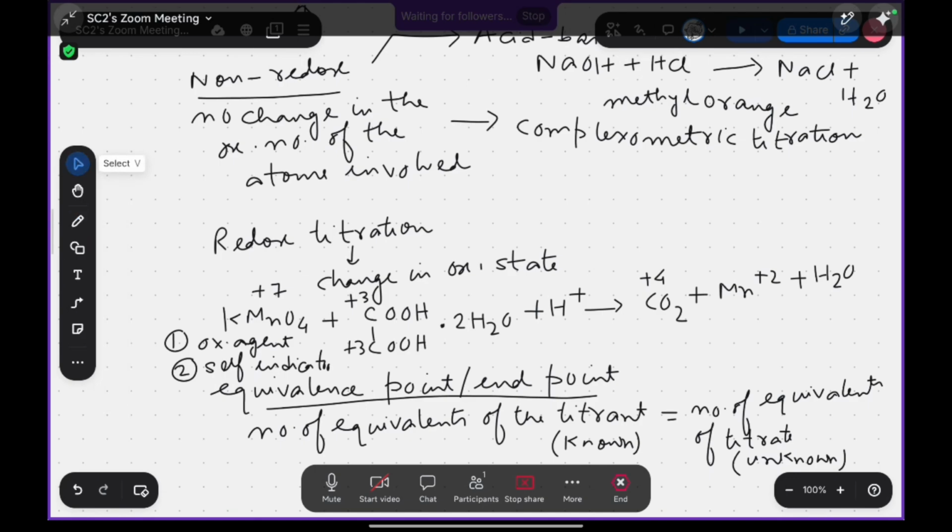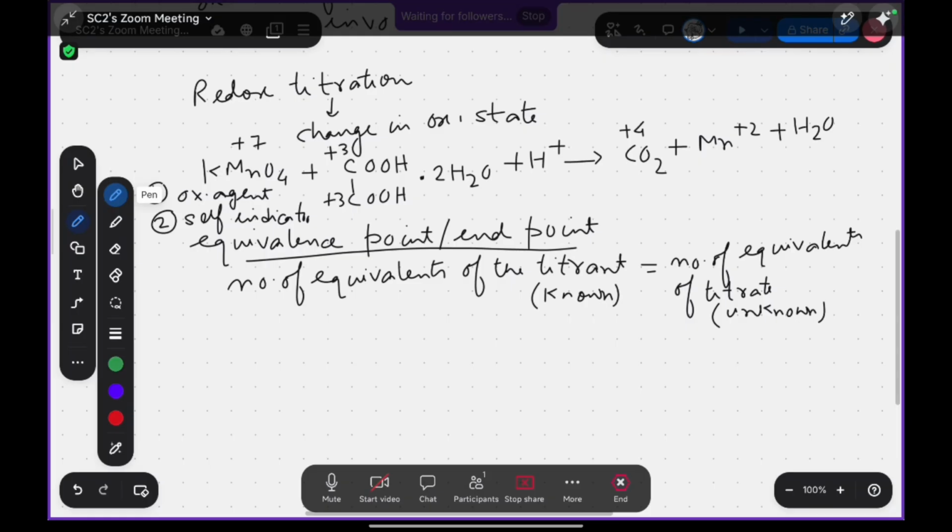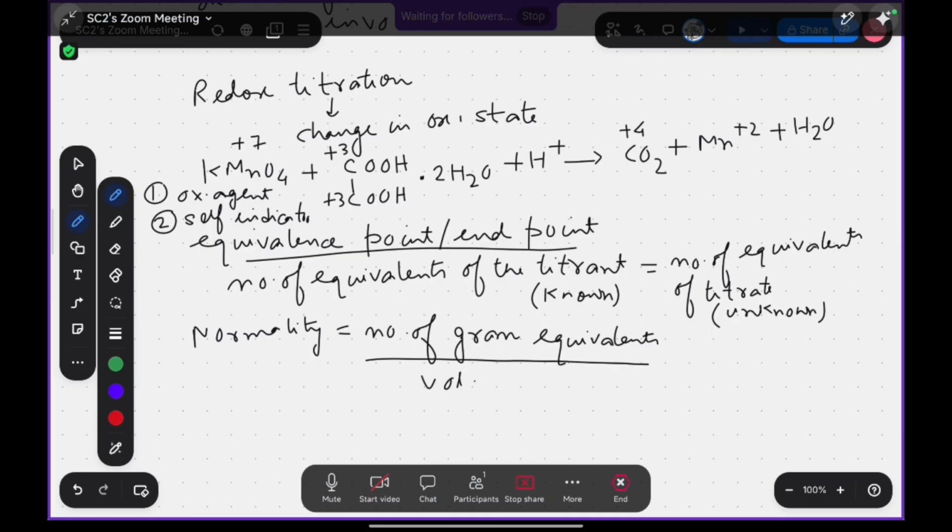Now you know the equation for normality. Normality is equal to the number of gram equivalents of the solute divided by the volume of the solution. That is how we define normality, right? So N is equal to the number of equivalents NE divided by volume.